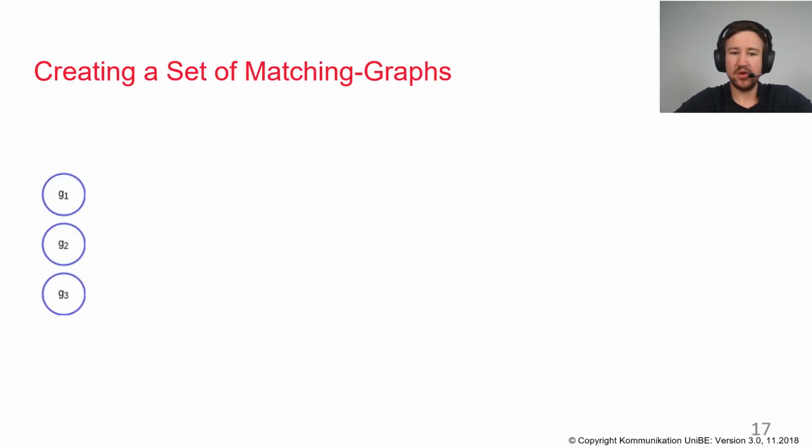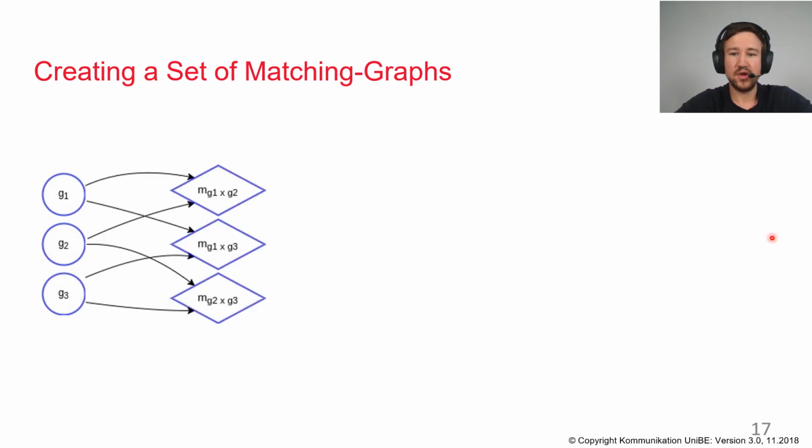Next up, I will explain how we created the set of matching graphs that we finally used to create the vector embeddings. So we start with a given training set, in this example 3 graphs, and we build all the possible matching graphs for the given training set.